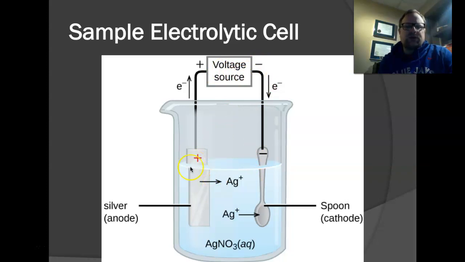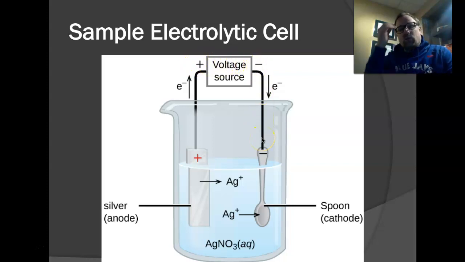You'll also notice in this situation that our anode is positive. There's a difference from those voltaic cells earlier, and our cathode is negative. And we'll also notice that electrons are flowing from anode to cathode still.